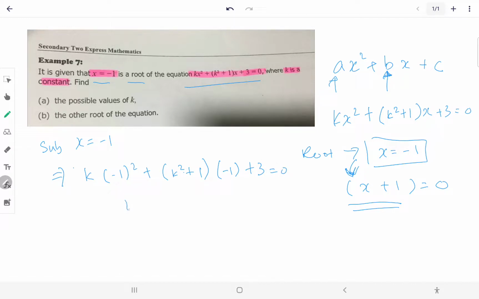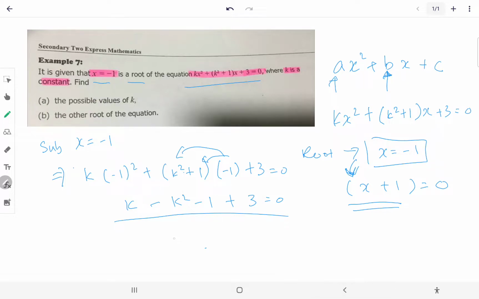Then you have k, since minus 1 squared is still 1, then minus k squared minus 1, because we multiply to open up the bracket, plus 3 equals 0. So now we have another quadratic equation here.